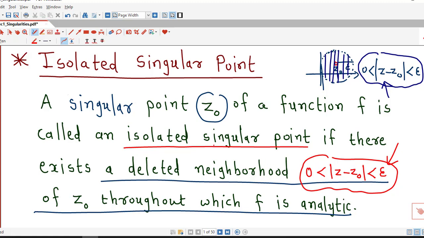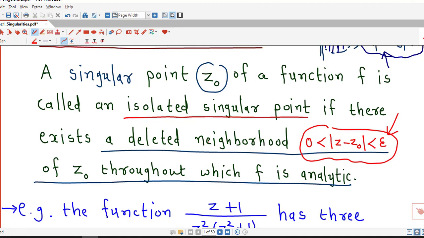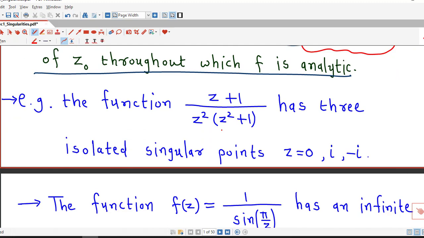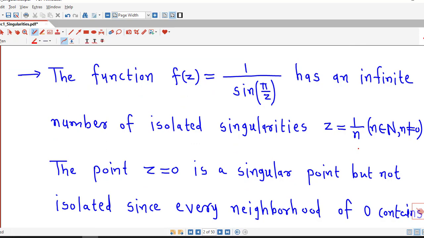Or we can always find at least one deleted neighborhood of z0 which does not contain any other singularity of the given function. So as we discussed, this function (z plus 1) over z square times (z square plus 1) has three isolated singularities: 0, i and minus i.